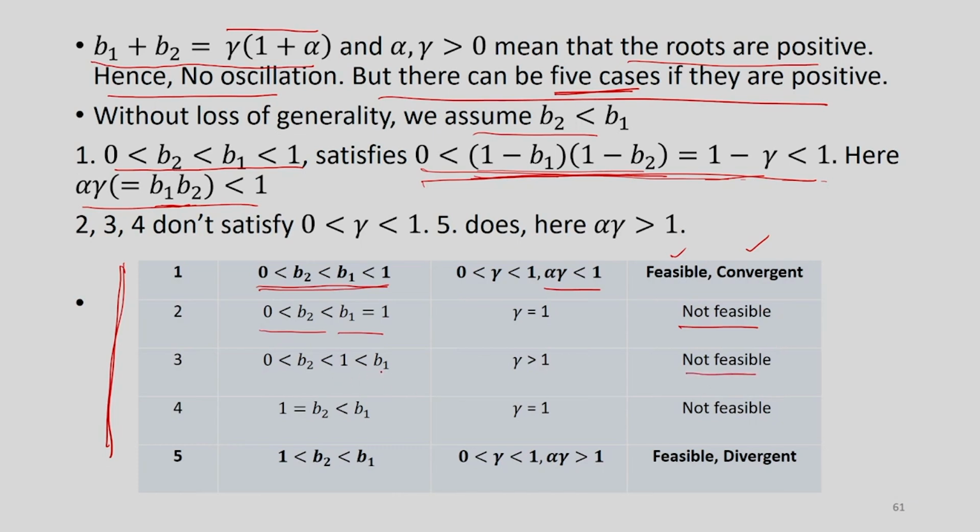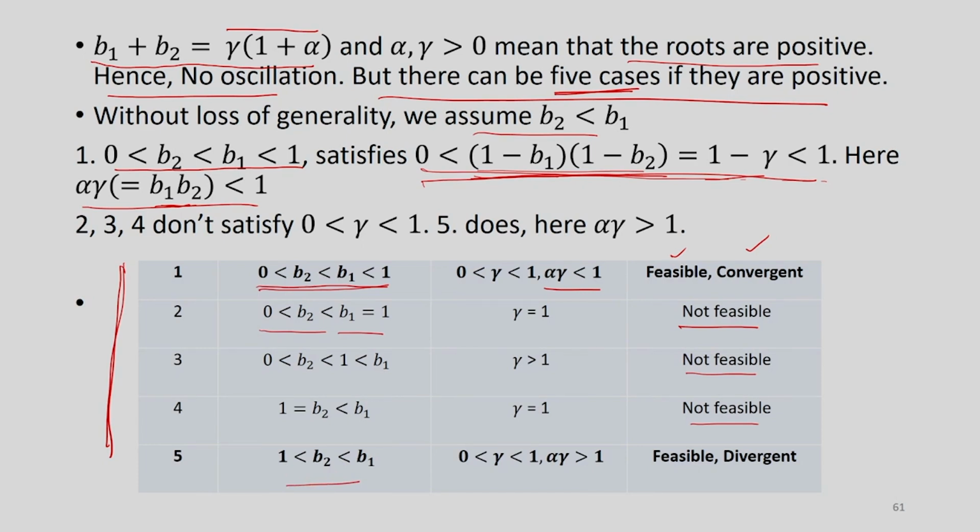This is the case where the larger root is greater than 1 and the smaller root is less than 1. So, that is not feasible. If the larger root is greater than 1 and the smaller root is equal to 1, that is also not possible. And the last case is, however, feasible, where both the roots are greater than 1, right.